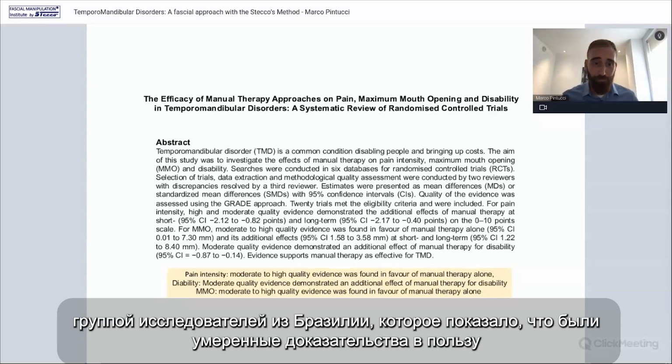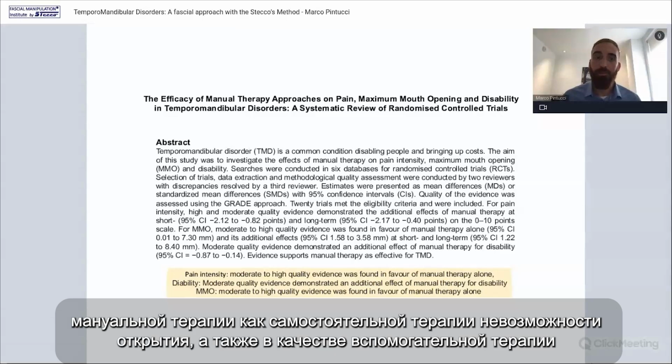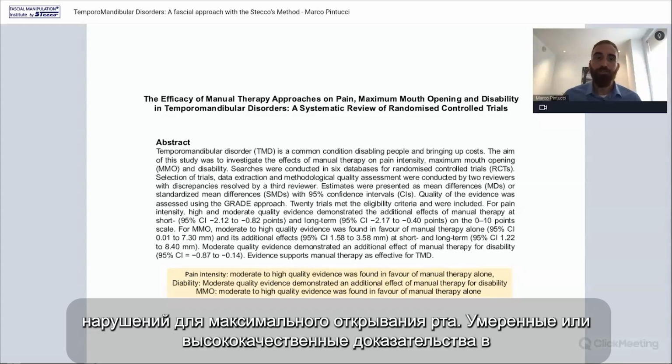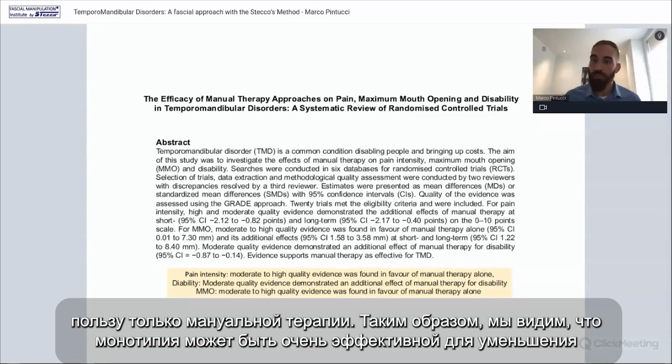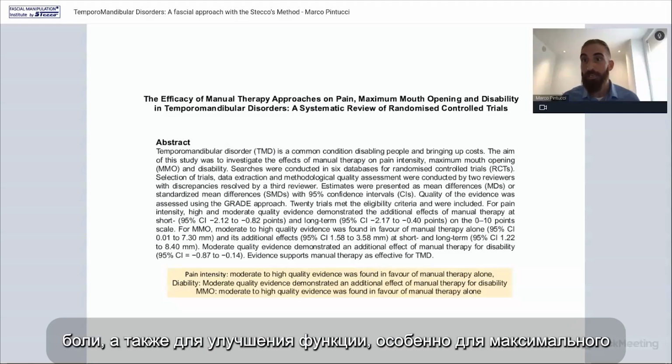It showed moderate to high evidence in favor of manual therapy as a standalone therapy for disability, and also as an adjunct therapy for disability and for maximum mouth opening, with moderate to high quality evidence in favor of manual therapy alone. So we can see that manual therapy can be very effective for the reduction of pain, but also to improve the function, especially the maximum mouth opening.